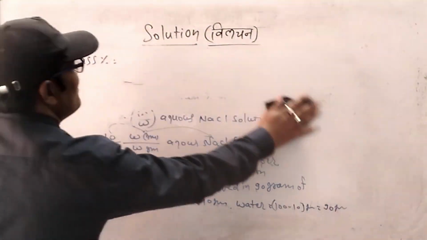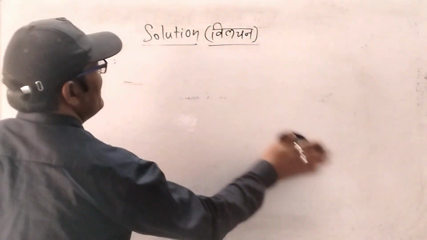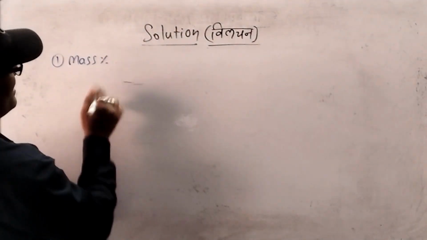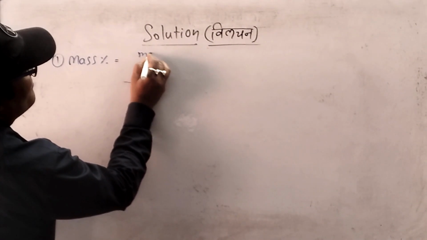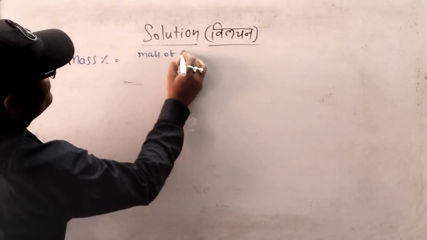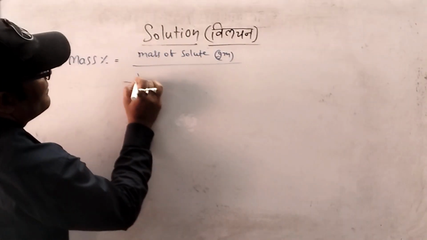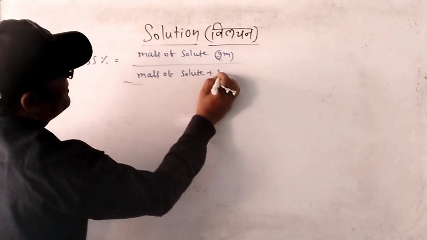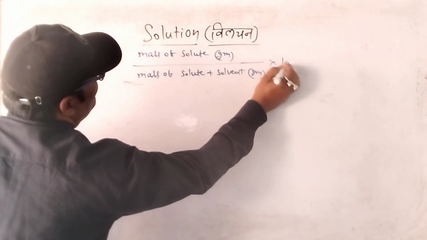Now we will discuss the formula of mass percentage. After that, we can solve different types of questions. So what is the formula of mass percentage? Mass of solute in gram divided by mass of solute plus solvent in gram, multiplied by 100.